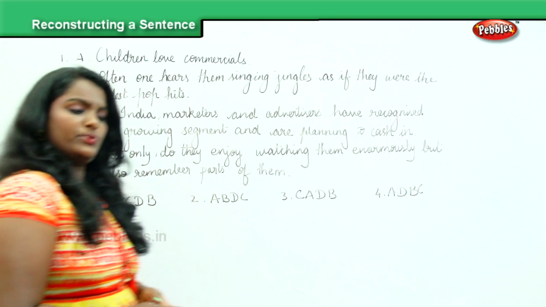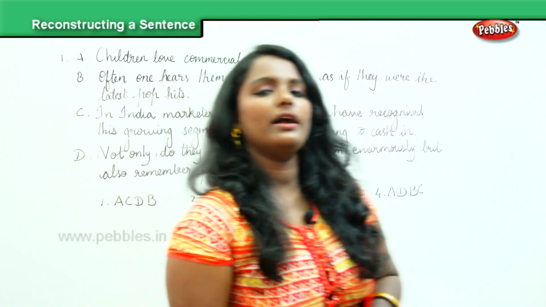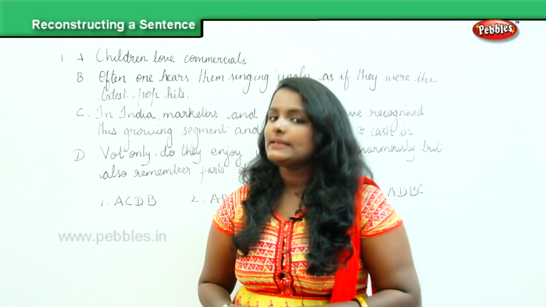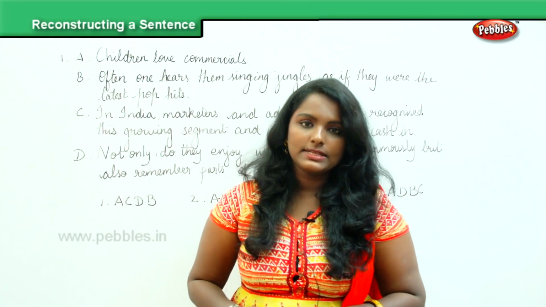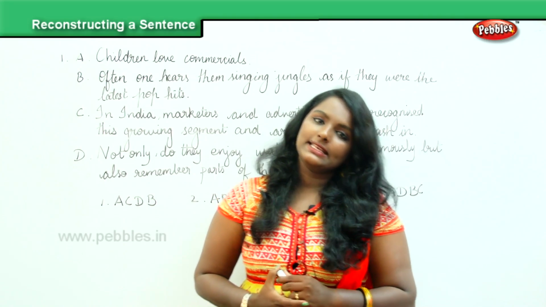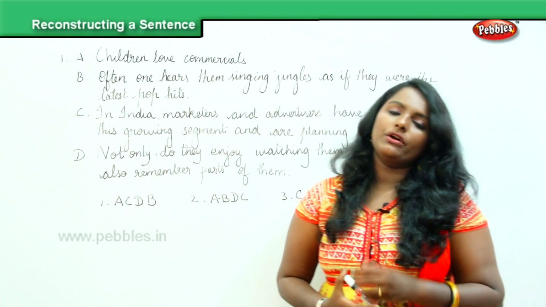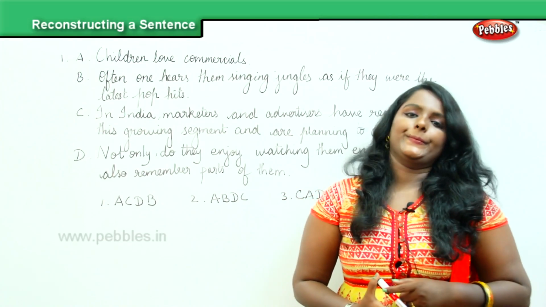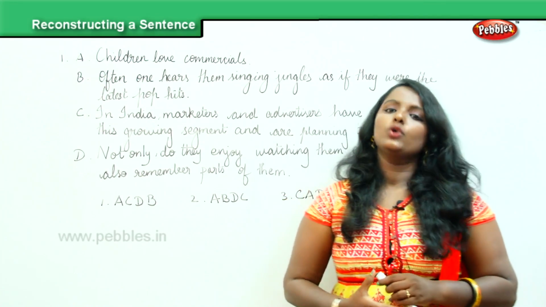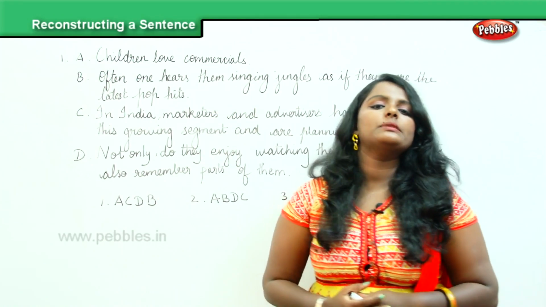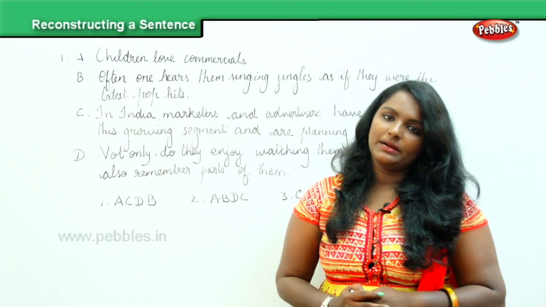What are you supposed to do first? You are expected to analyze, read all the 4 sentences and get the meaning or the idea, the theme, the topic of whatever is being discussed here. Am I right?